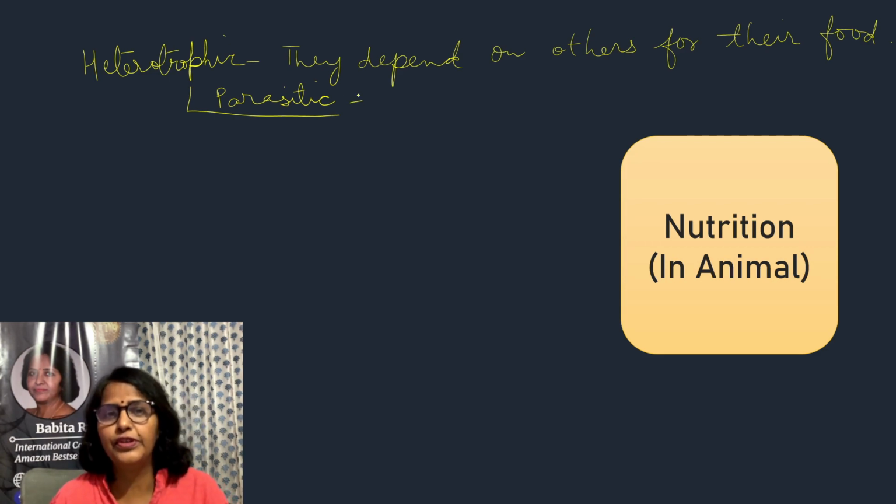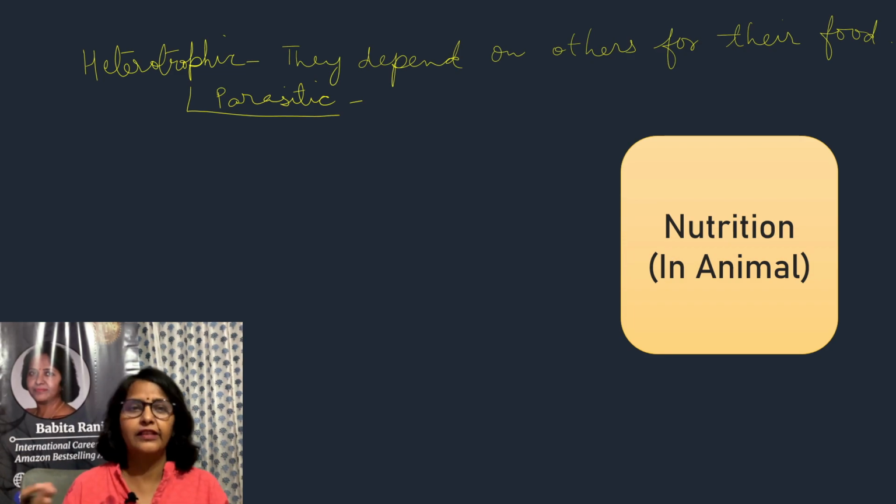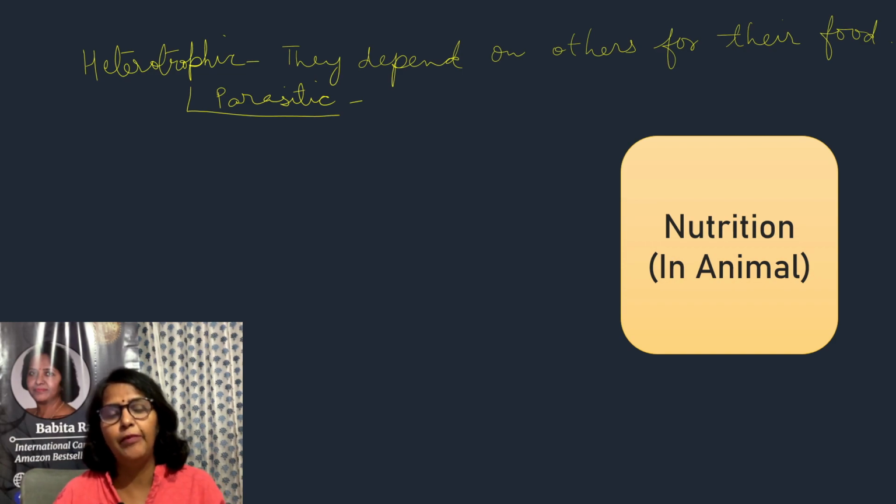Parasitic mode of nutrition is that kind of nutrition where organism takes its nourishment from the living organism. They either live inside the body of the organism or they live on the organism's body. They take the nutrition from the living organism, and in the process they may harm the organism, but they do not kill the organism.